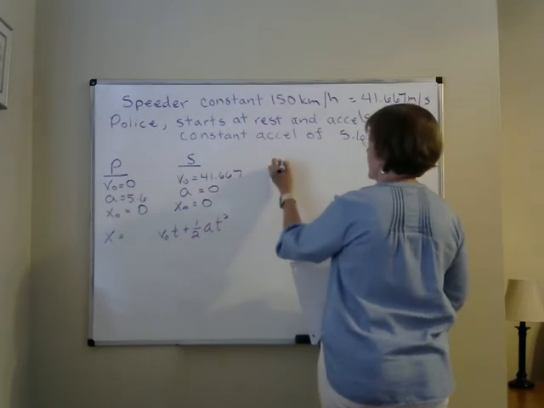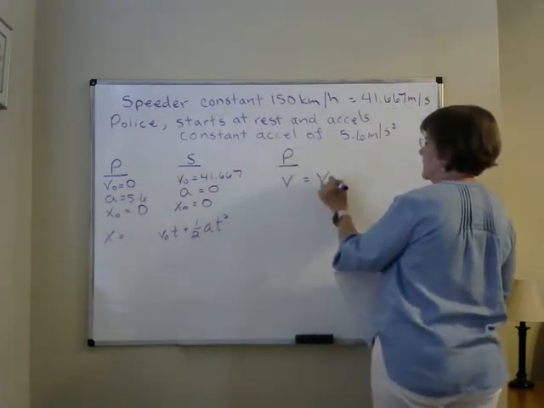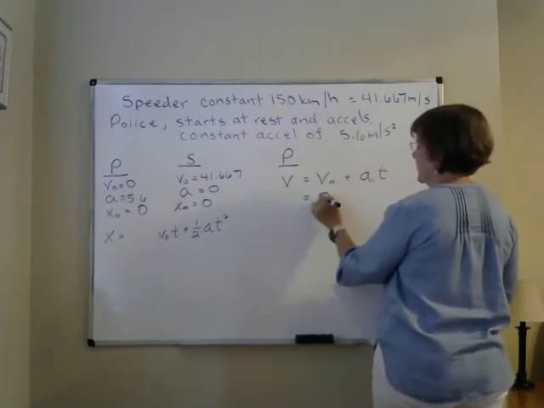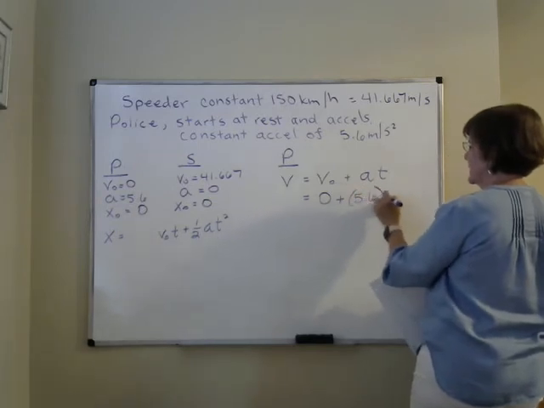We know this is again for the police officer. v equals v0 plus at. He started off at 0. He's accelerating at 5.6.